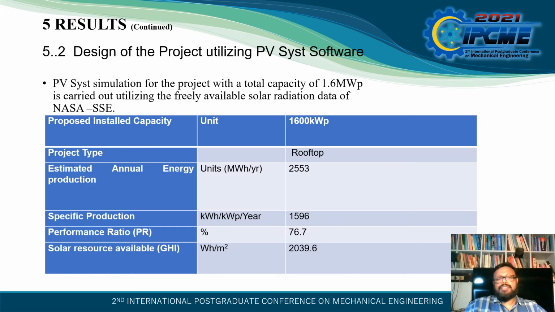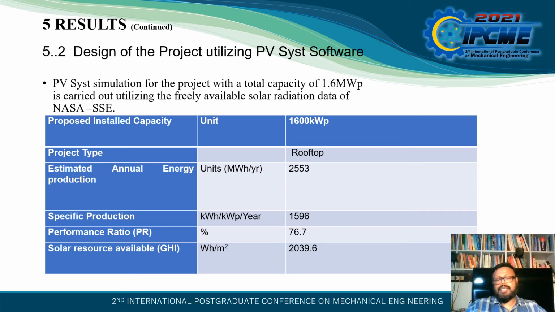The design of the project utilizing PVsyst software gives these results. You can see that the total generation per annum is 2,553 megawatt hours, with a specific production of 1,596 kilowatt hour per kilowatt peak per year, a performance ratio of 76.7, and a solar resource of 2039.6 watt hour per meter square.